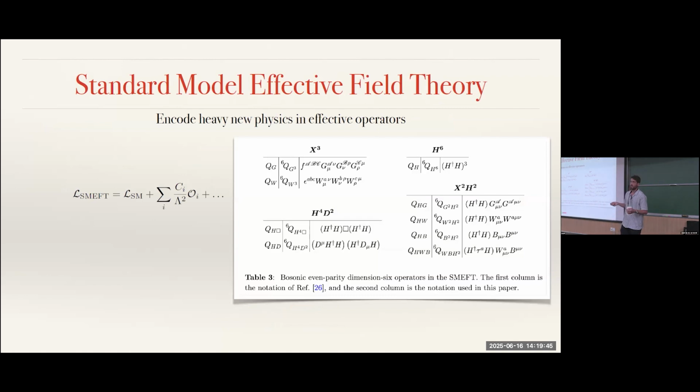We have the Higgs field and the Goldstone bosons of the weak interactions, as well as all the quarks and leptons. So it's perfect to use these ideas. And if you want to embed new physics effects into this theory, we can do this in a model-independent way by using an effective field theory.